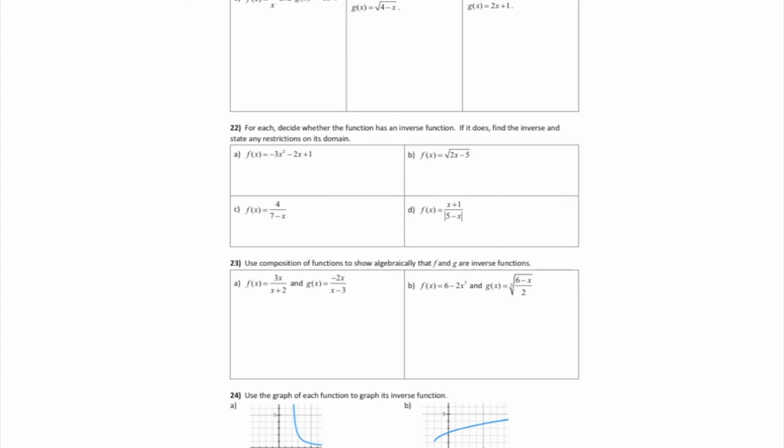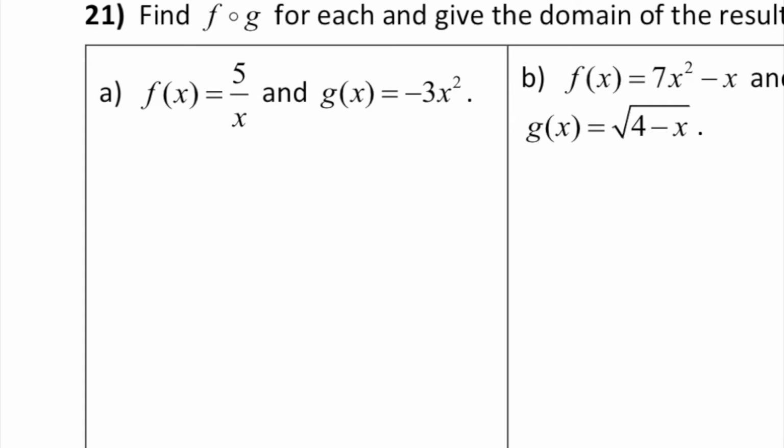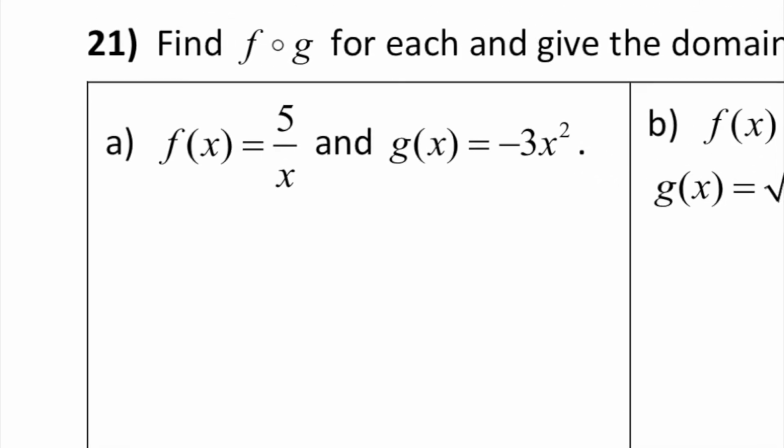But in the meantime, you shouldn't hear the clock because the clock just went off, and I will talk through number 21, A and B, and then the other video will pick up letter C.